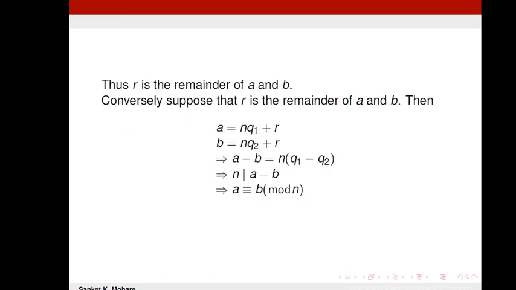So in this theorem we showed, for any arbitrary integers a and b, a is congruent to b modulo n if and only if a and b leave the same remainder r when divided by n, and the remainder must be non-negative. So this we proved.